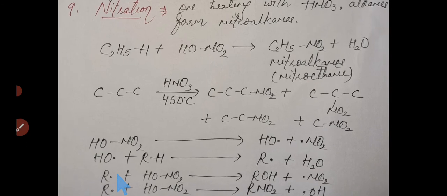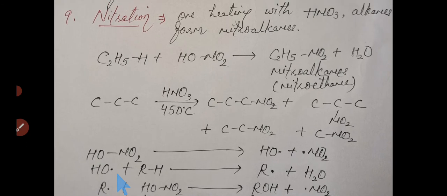The next reaction, and the last reaction here, is nitration. On heating with nitric acid, alkanes form nitroalkanes. We are taking the example of ethane. Ethane, when it reacts with nitric acid HNO3, nitroethane has been produced here, and water is also a byproduct. If we take propane, this is actually a C3 alkane.